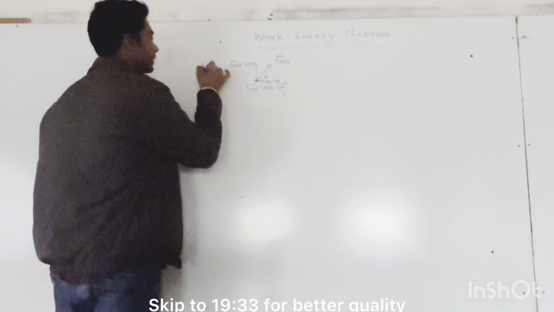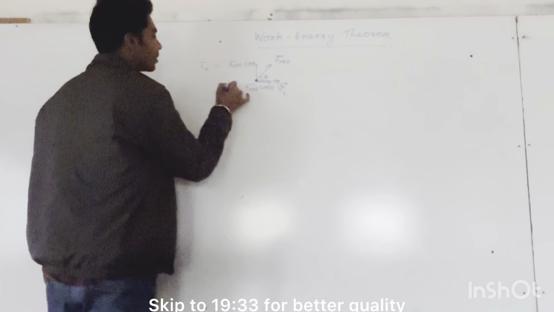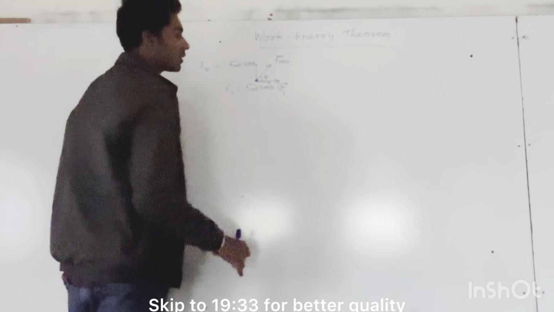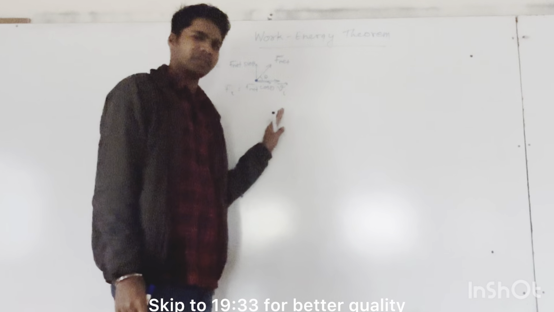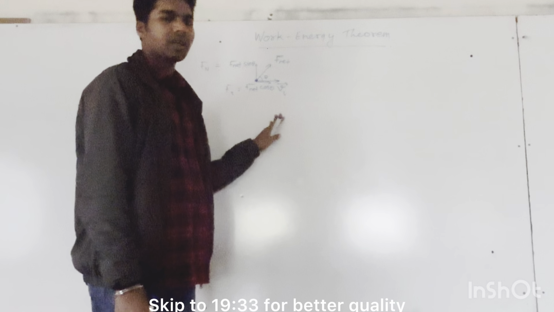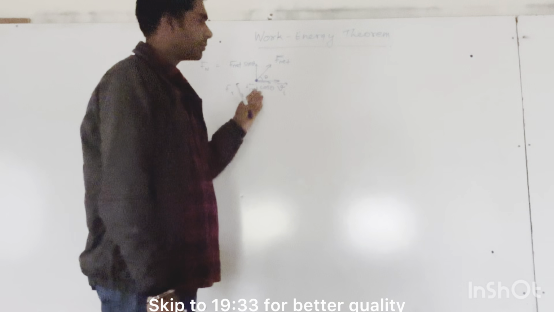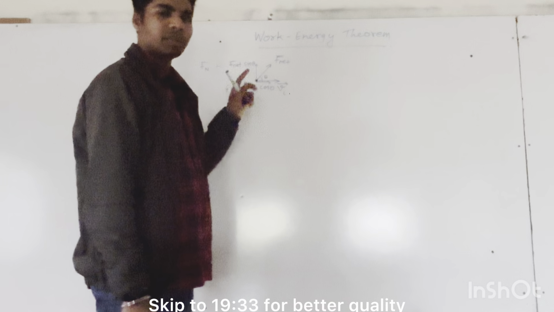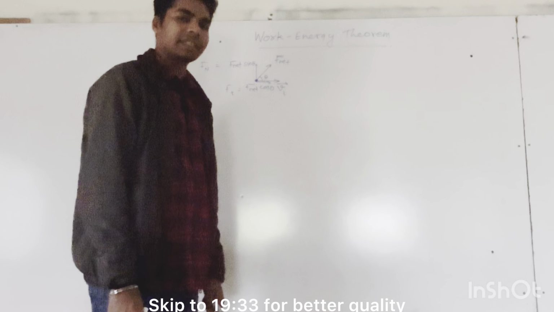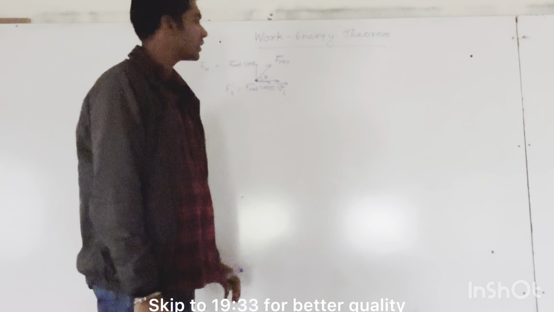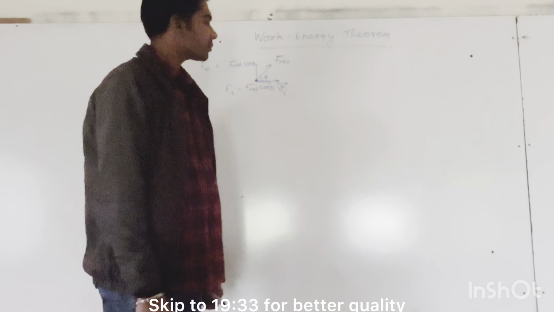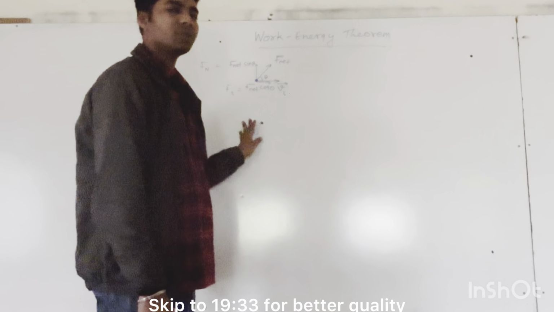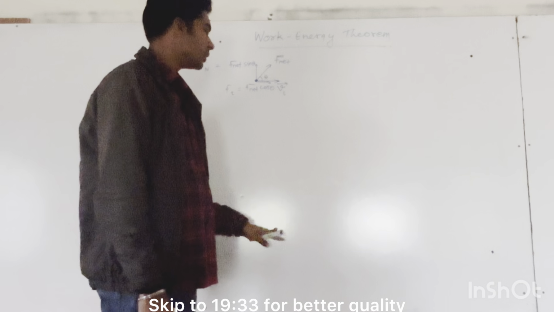I may write them as F tangential and F normal. One component is along the velocity vector, and the other component, F net sin theta, is completely perpendicular to the initial velocity. What are these two components going to do with the velocity of the particle? Let's see.